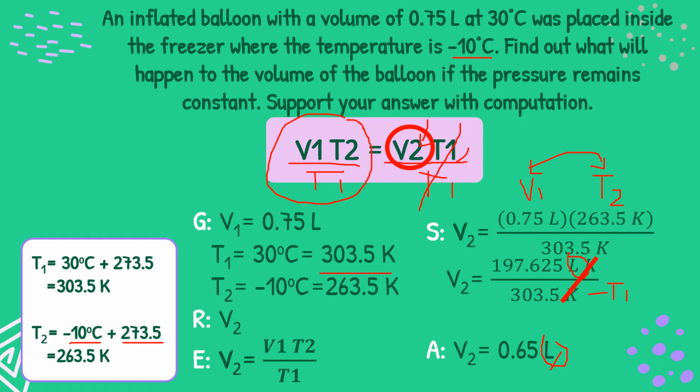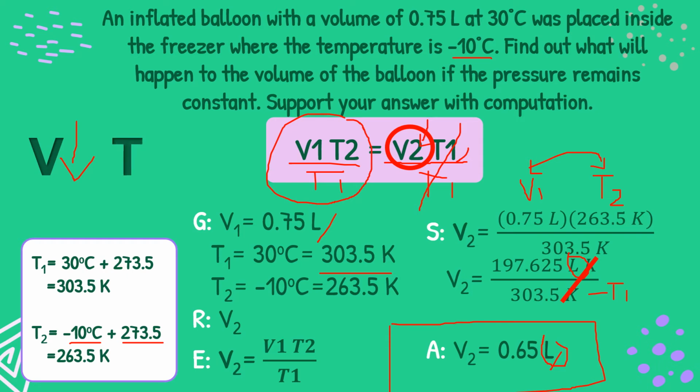Now, let's identify what happens to volume and temperature after the change. For volume, initially we have 0.75 liter, and as the final quantity after the change, we have 0.65 liter. As you can see, from 0.75 to 0.65, the volume decreases.